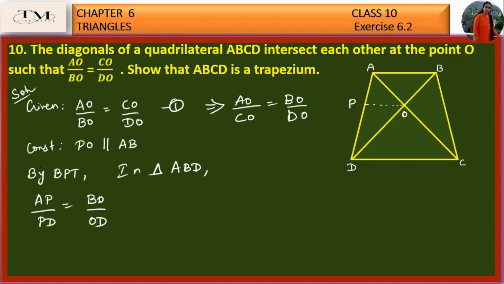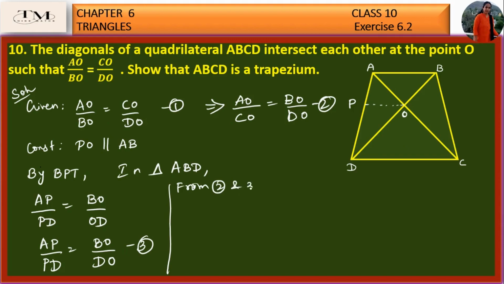Okay. So here we have BO by DO. So AP by PD is equal to BO by OD, which can be written as BO by DO. So if you compare this 2 and this 3, right hand side is same. So automatically left hand side will be same. So from 2 and 3 we have AP by PD equal to AO by CO. So what we got?